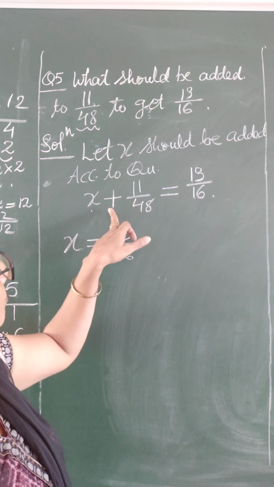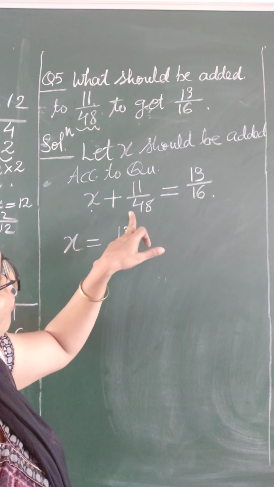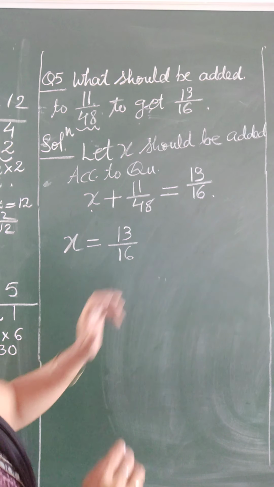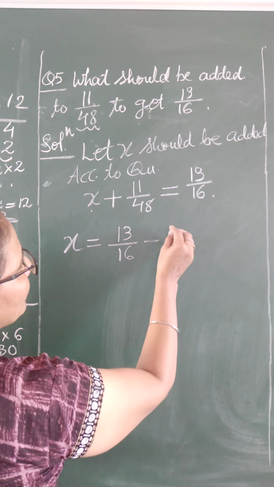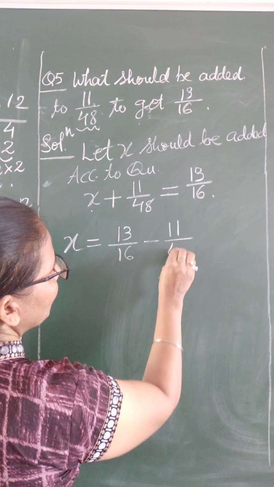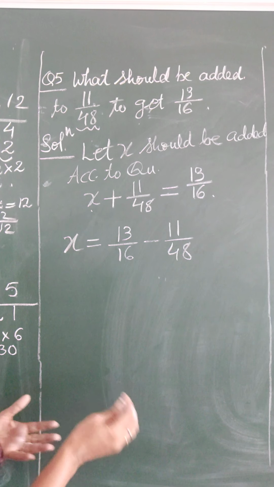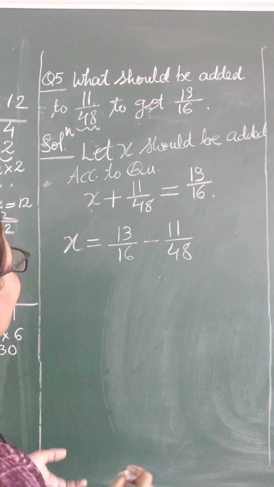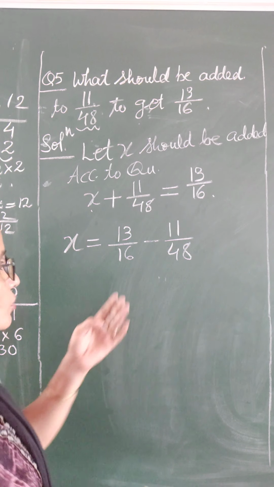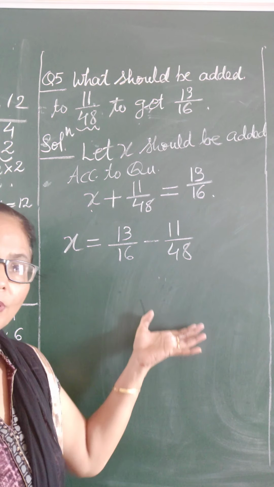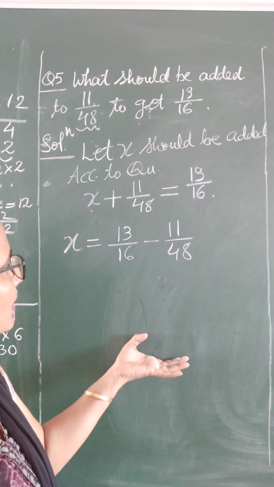So to simplify this, when we transpose plus 11 by 48 from left to right, it becomes minus 11 by 48. And now you know, just we have solved in the previous example how to simplify the fractions. In the same way you will simplify and you will get the answer.